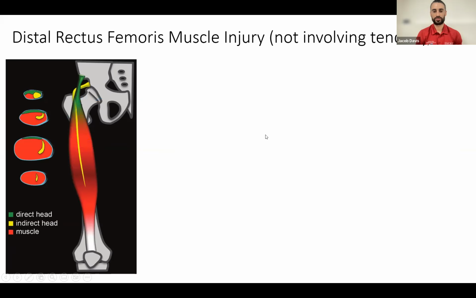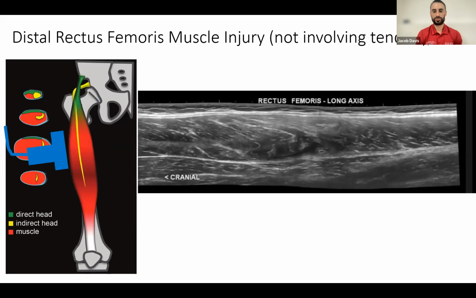Looking at sagittal, and then taking a look at this in a longitudinal plane. Again, you can appreciate this is a decent injury to the rectus femoris muscle belly. Looking at this in a wide panoramic long axis view, nice sized hematoma and injured muscle belly with the intact aponeurosis.